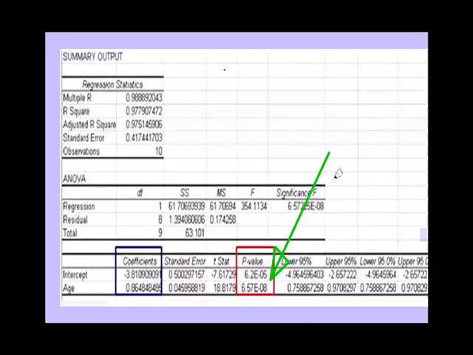If I'm looking at the actual variable of age, I'm looking at its p-value, interpreting that. 6.57 e to the negative 08 means 6, 5, 7, but I'm going to take the decimal place and move it 8 spots. 1, 2, 3, 4, 5, 6, 7, 8. So it really looks like that. A very, very small probability.